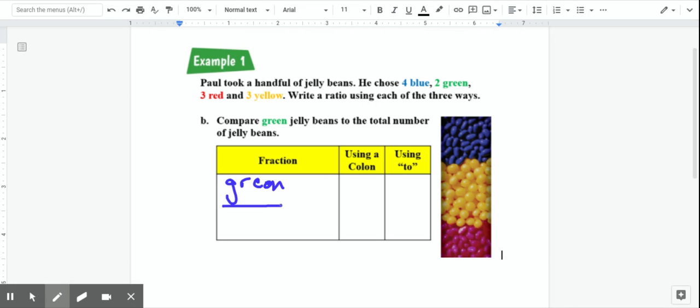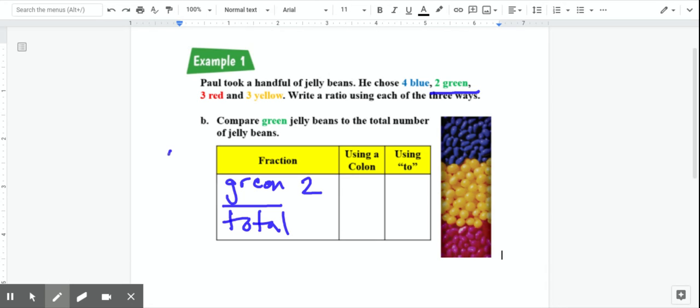Then it wants to compare it to the total, which will go into my denominator spot, and that is because the word total comes second in my sentence. So then I go back into the problem, and I'm going to underline how many green there were, and there are 2 green jelly beans, and then I need to figure out what the total is.